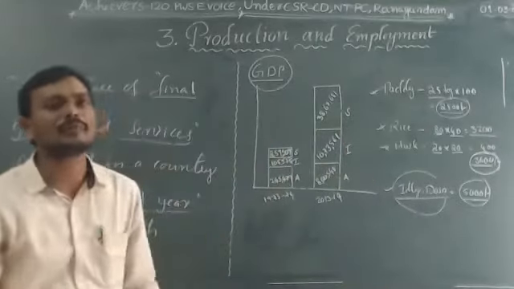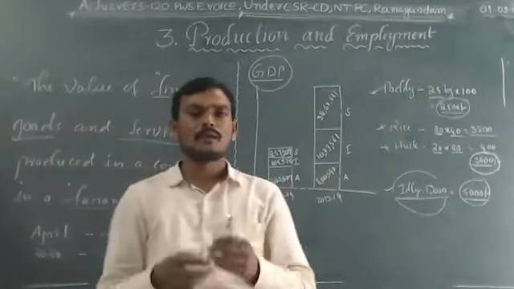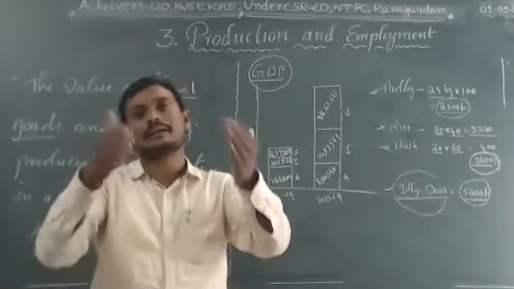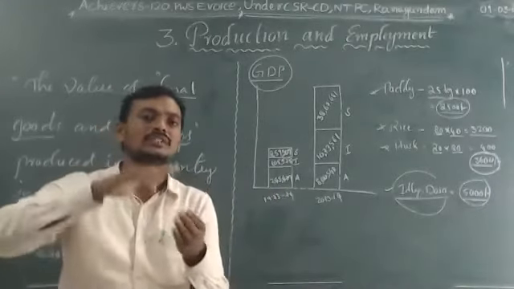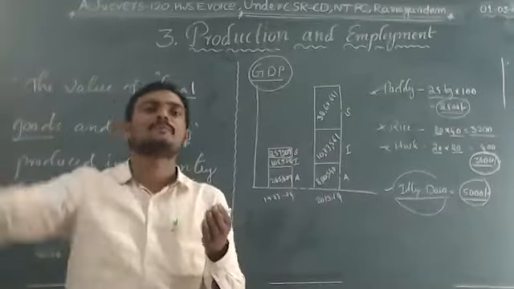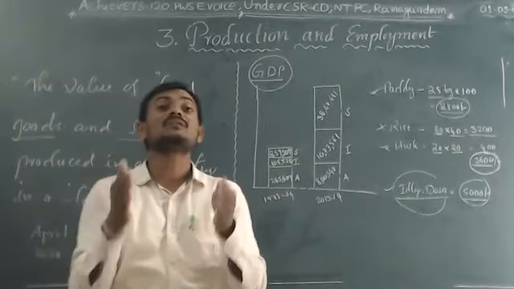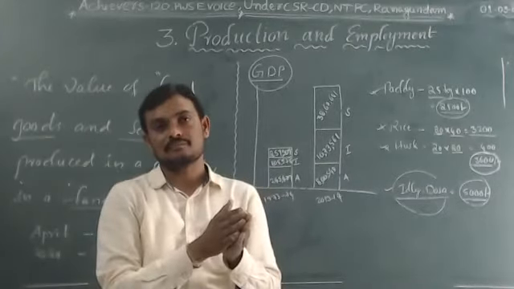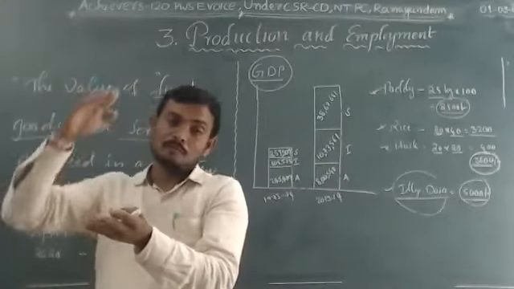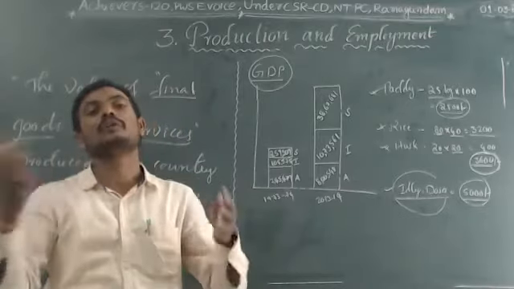So this is one example only, but we can take any example. For example, plastic. Plastic comes under intermediary goods only. Then we use this plastic for making n number of goods. So many goods are made up of plastic, right? Clear? So if you take the value of plastic and the value of plastic goods which are completely manufactured, the GDP will become double.